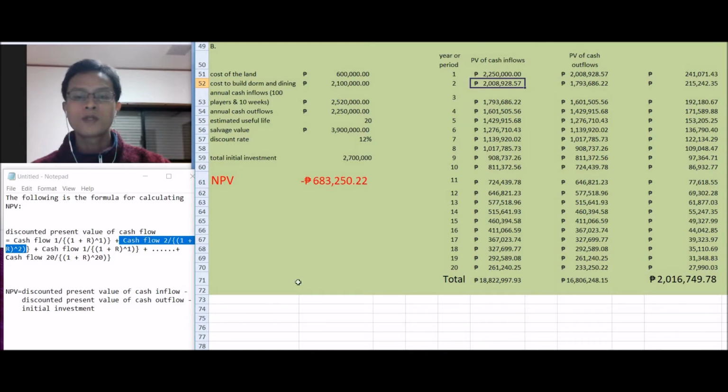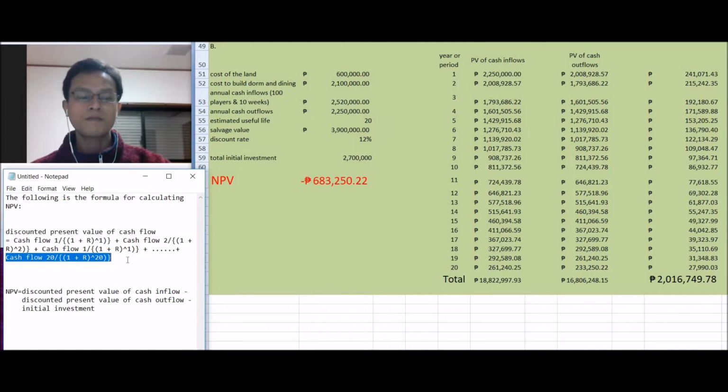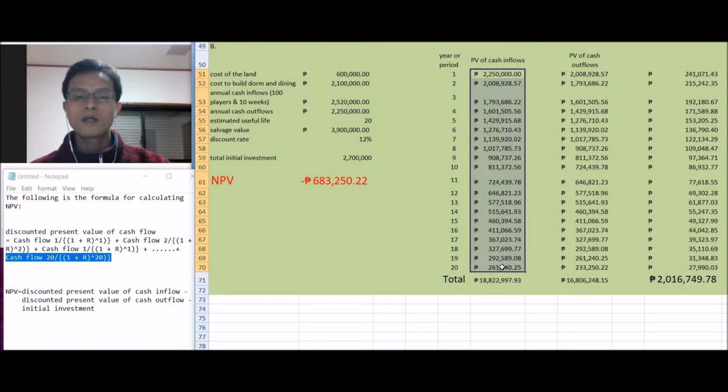Just continue the process until you reach period number 20, and then it should give this result. The same process, take all of the discounted cash flows, and then it should give this amount here.